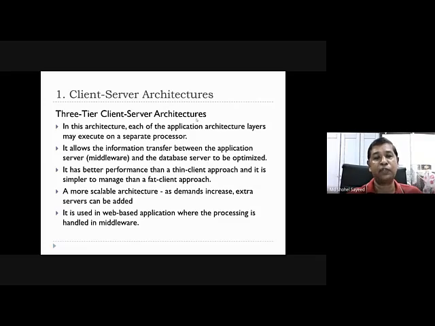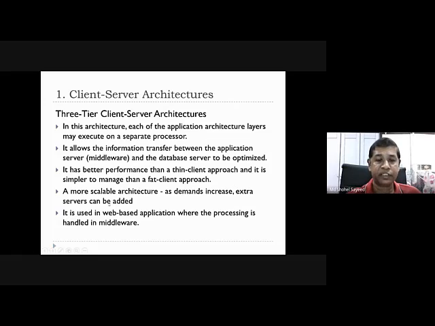It allows the information transfer between the application server, that is basically the middleware, and the database server to be optimized. So to optimize this process, they use the middleware server and the database server. It has better performance than a thin client approach, and it is simpler to manage than the fat client approach.